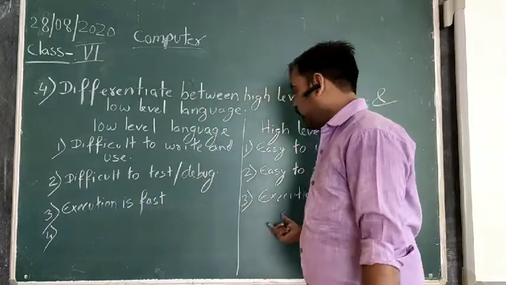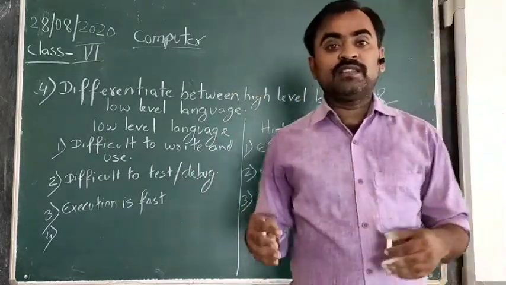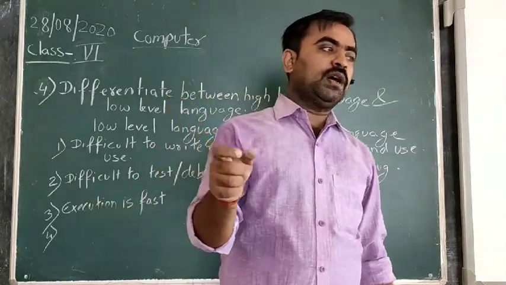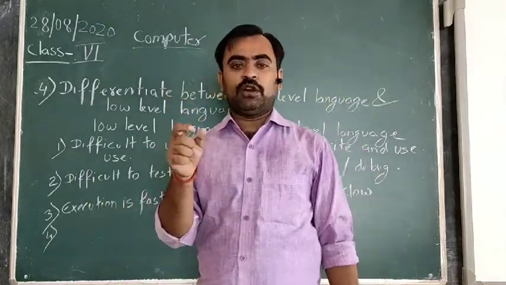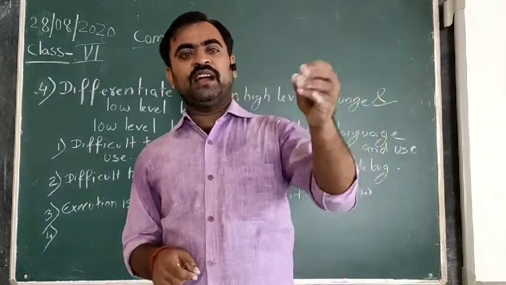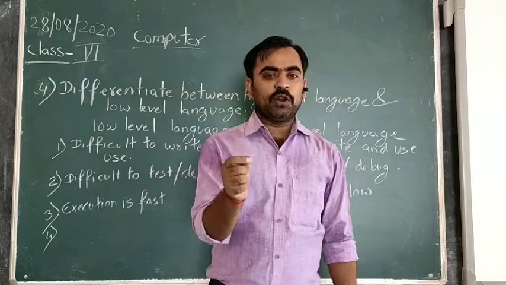Whereas if you are using the high level language program, these are machine independent. You can prepare a set of instructions or a program code for one system and it can be copied and executed on any number of systems.